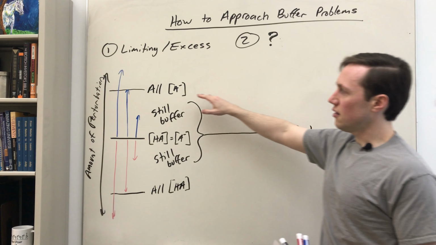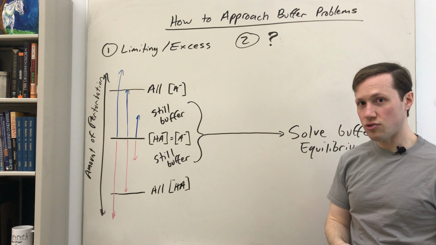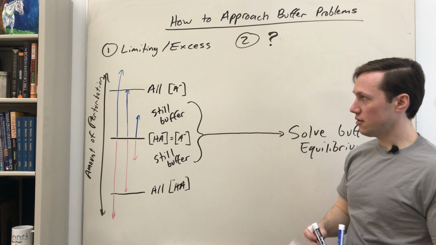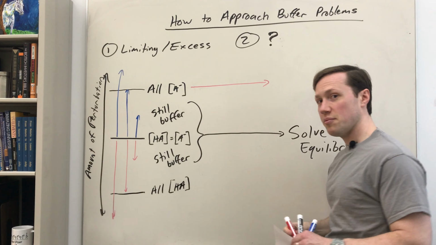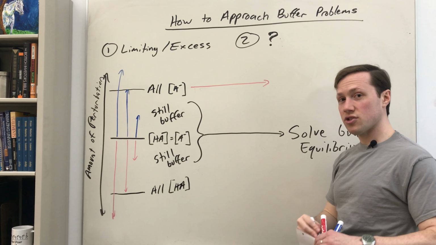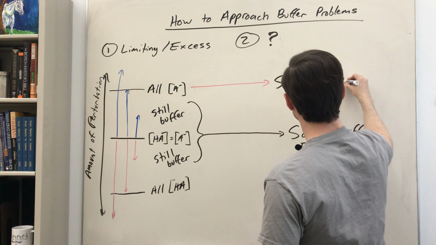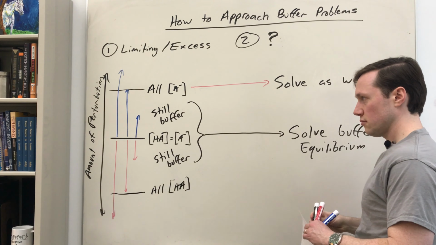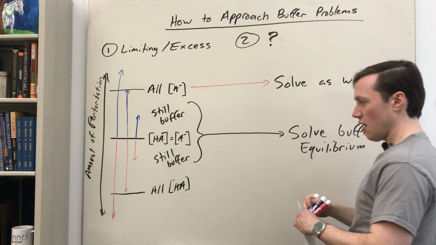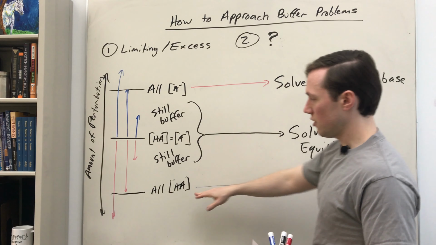Now, if we were to add exactly enough base to consume all of the conjugate acid, we would have only the conjugate base remaining, and we would want to solve this problem as a weak base. The converse is also true down here.